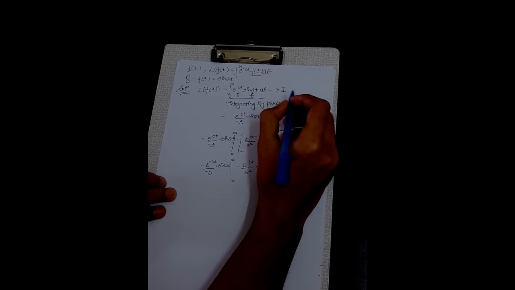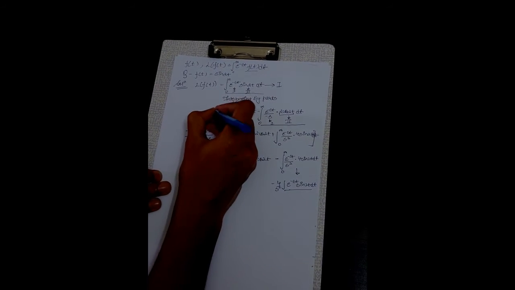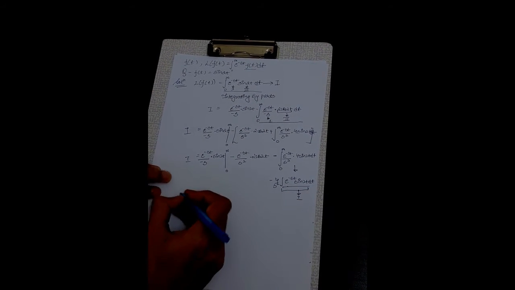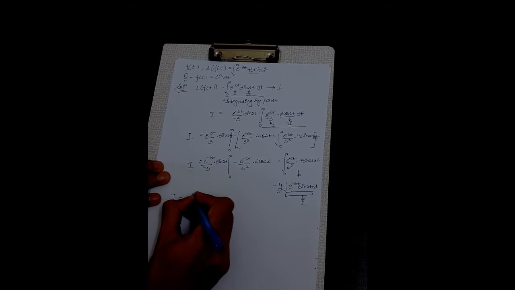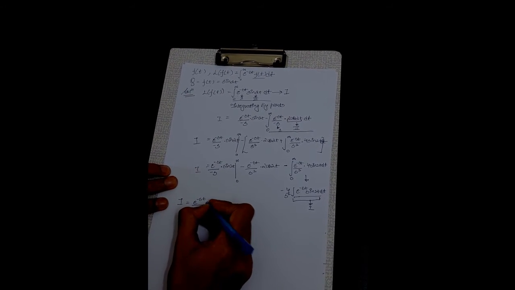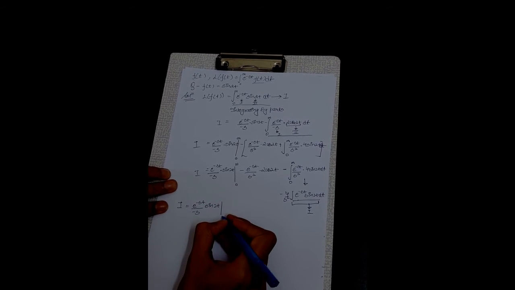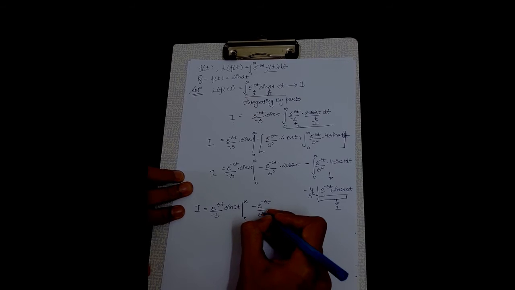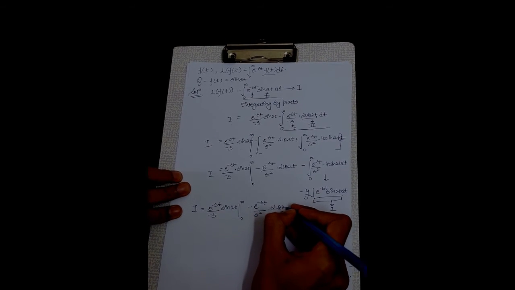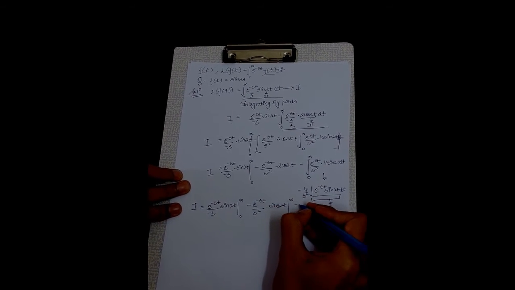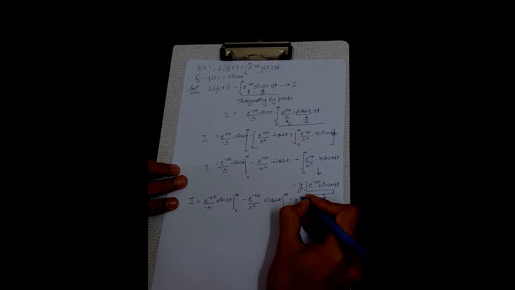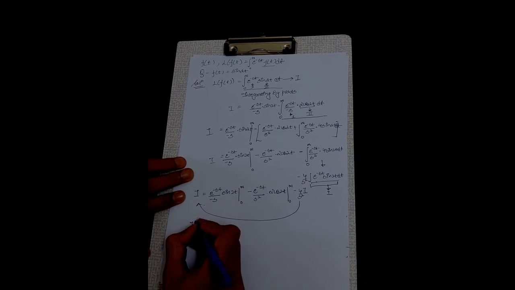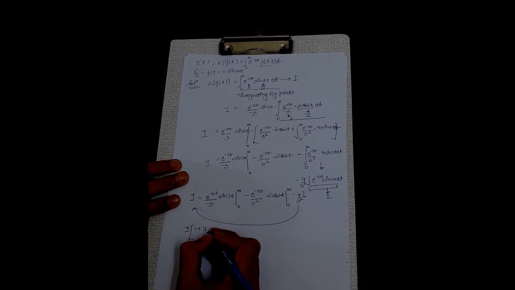So if we treat it as I, then we can write this as e to the power minus st upon minus s sin 2t from 0 to infinity, minus e to the power minus st upon s square times 2 cos 2t from 0 to infinity, minus 4 by s square I. So if we put it here, we get I times (1 plus 4 by s square).